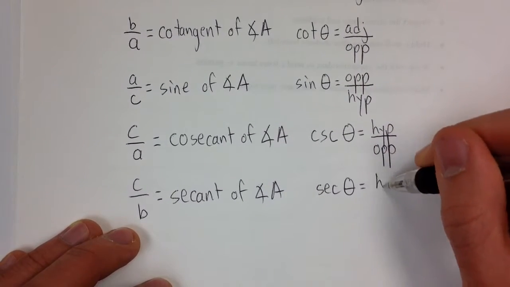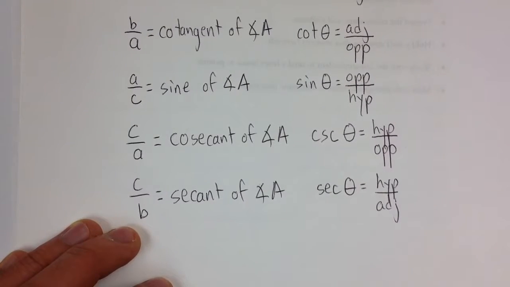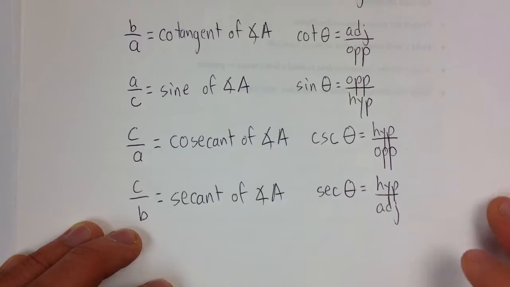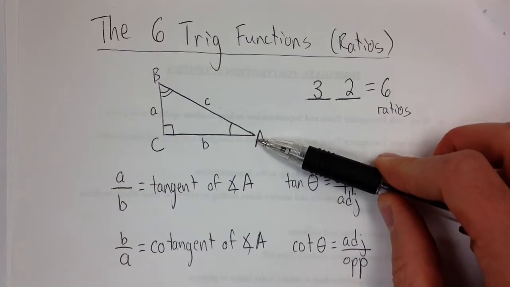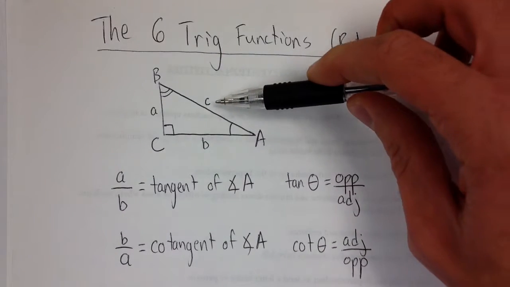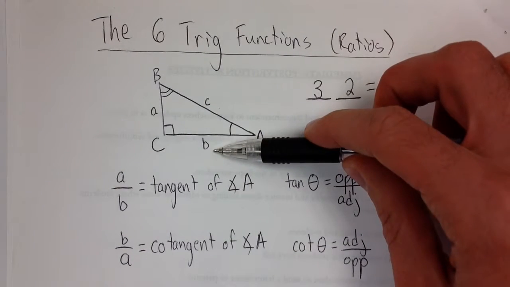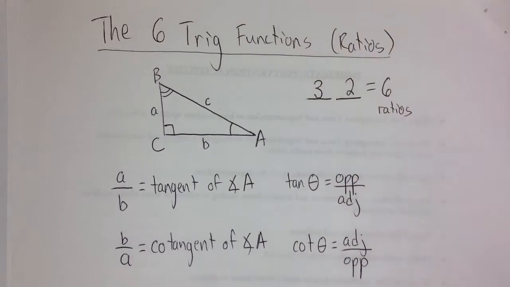And it is the ratio of the hypotenuse to the adjacent side. So what I mean by adjacent, if you go back to the diagram, if this is your angle of interest, this would be the adjacent side. It's never the hypotenuse. So if you take the ratio of the hypotenuse to the adjacent side, it goes by the name secant of that angle.